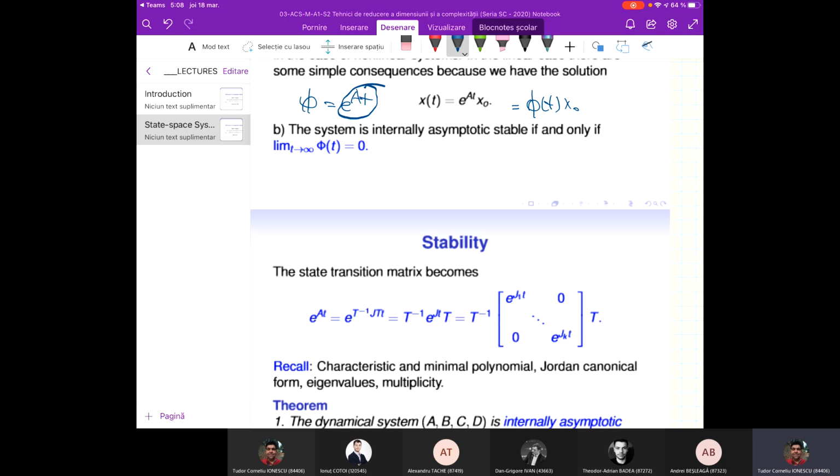Now, to compute the matrix exponential, we need to make use of the Jordan form of a matrix, because we need to use its diagonal elements. Definitely the computation of the matrix exponential is bijectively related to the computation of the Jordan form of the matrix.